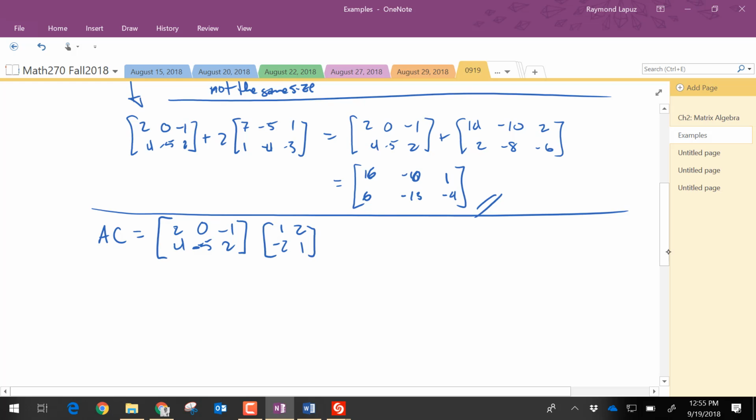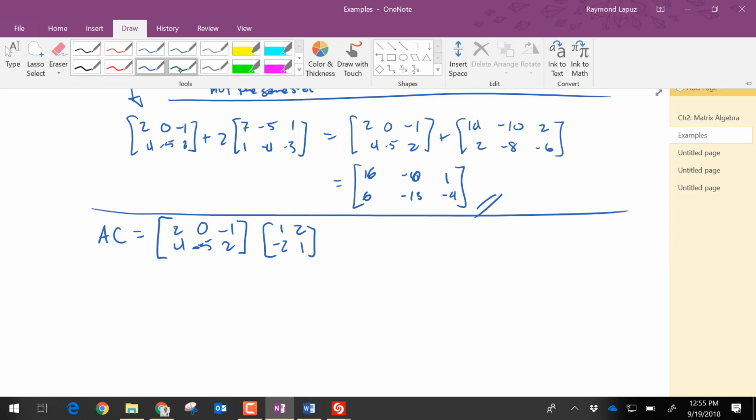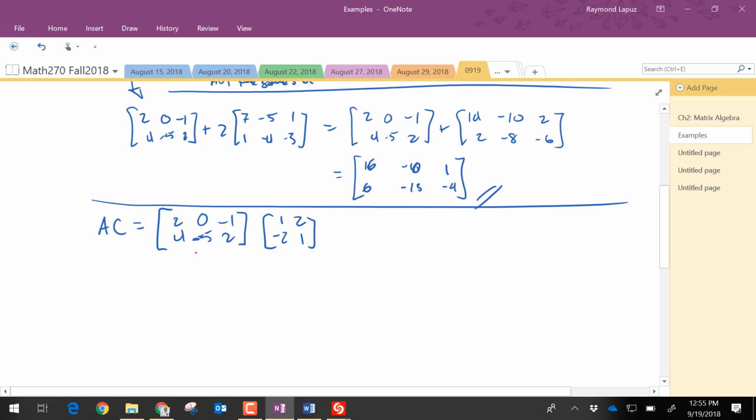All right. So before we do this multiplication, what we have to do is make sure that they're of the right size. So this is a 2 by 3, and this is a 2 by 2.